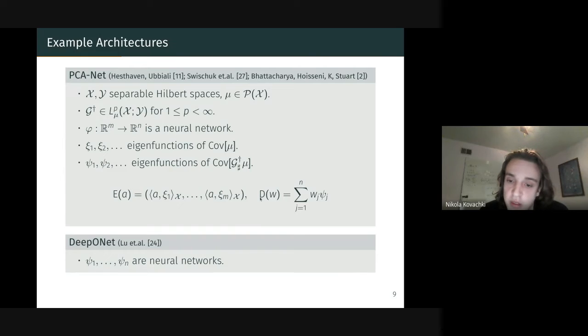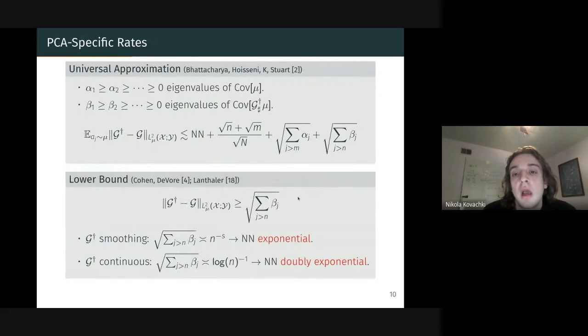D here is a linear map, and because D is a linear map, the space Y is too large to be approximated efficiently, and there will always exist operators G dagger for which you need an exponential number of parameters to approximate efficiently. So this is a motivation for why we should try to design methods which are nonlinear.